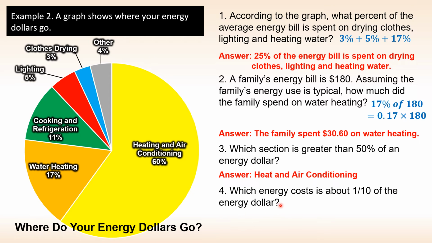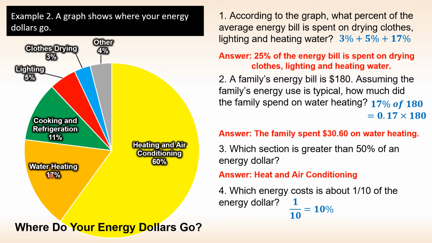Number 4. What energy cost is about 1/10 of the energy dollar? In order to know, we have to find the percent form of 1/10. So 1 divided by 10, or 1/10, is equal to 10%. Which of the percents here is closer to 10%?